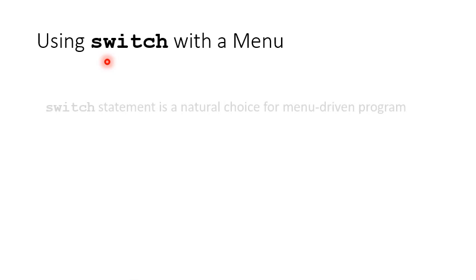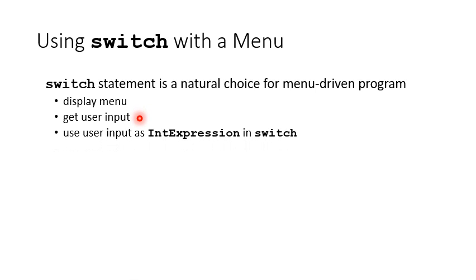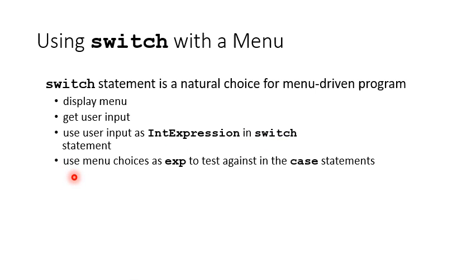Using switch with a menu. A switch statement is a natural choice for a menu-driven program because it just displays the menu, gets user input, then uses the user input as the integer expression in your switch statement, and then uses menu choices as the expressions to test against in the case statements.